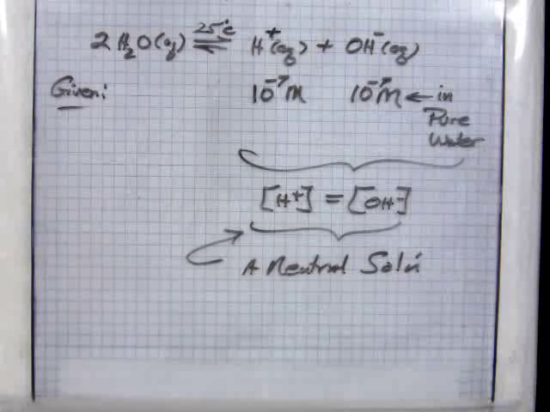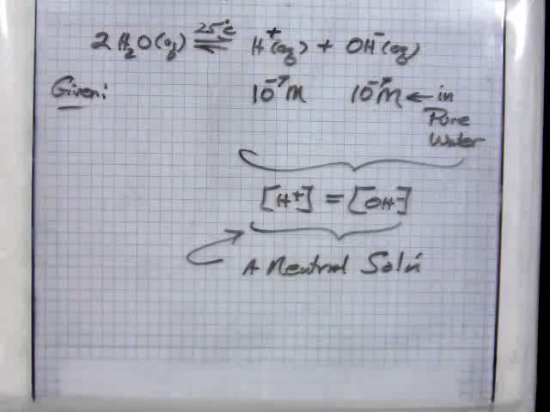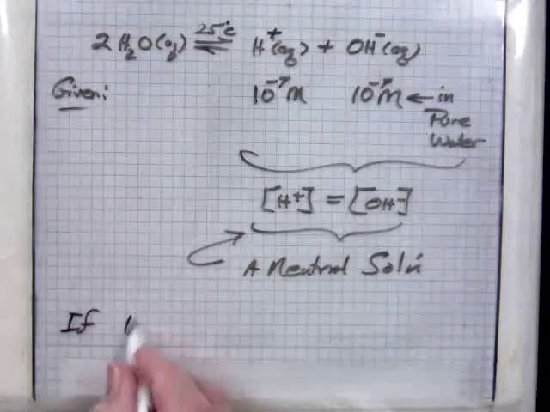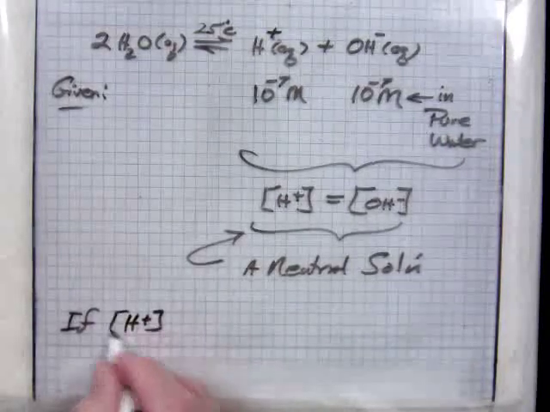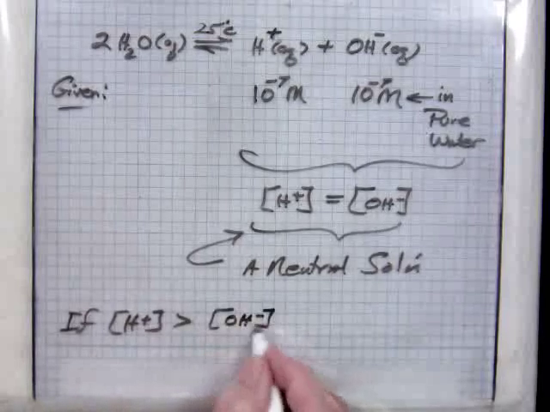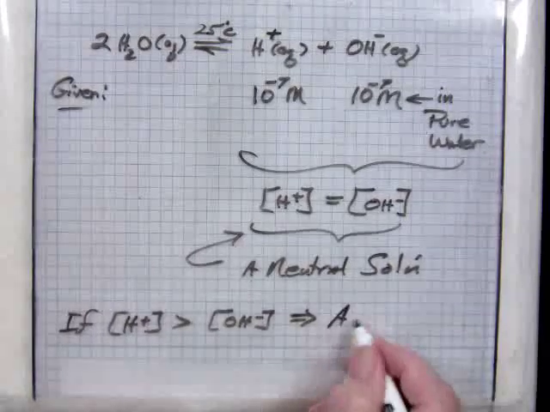Now, this does not mean that you can't have an imbalance between the hydroxide ions and the hydronium ions. If the hydronium ion concentration is greater than the OH- concentration, that characterizes an acidic solution.